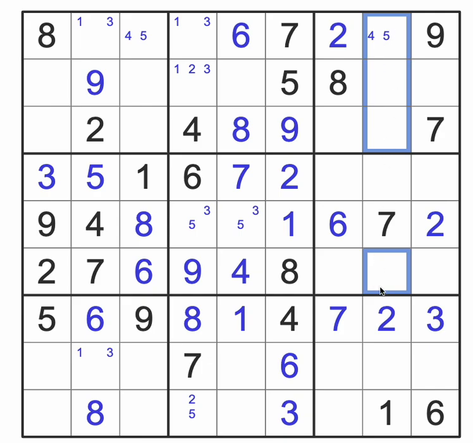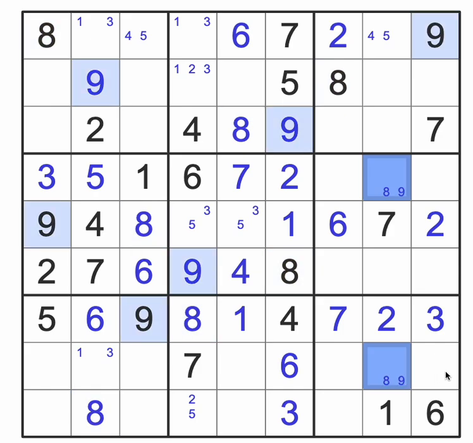And now I look at this column, there are only 2 cells left for 8 and 9. So these 2 cells have to be filled with 8 or 9. And that means no other number can be placed in here, and 8 and 9 cannot use these other cells on column 8.